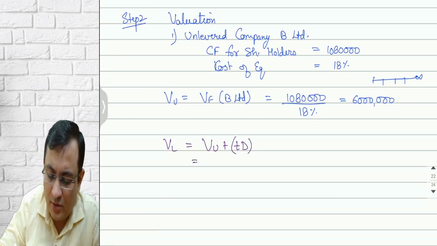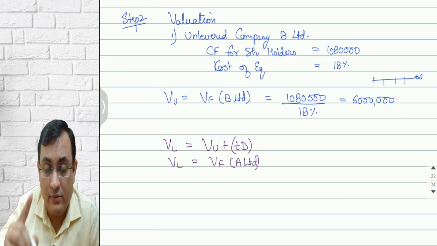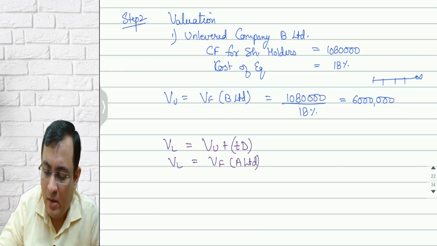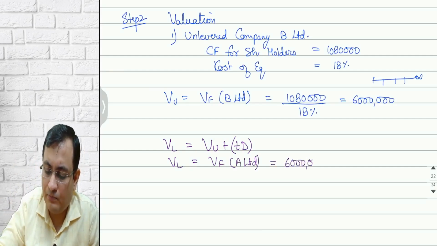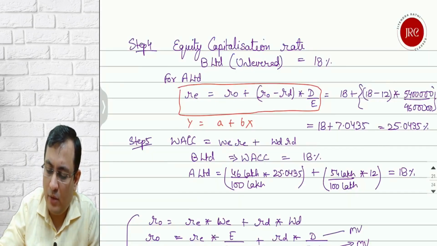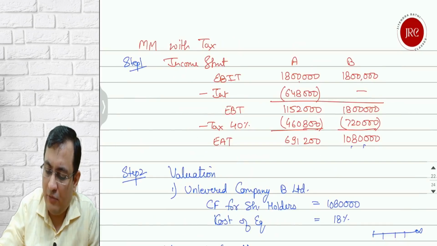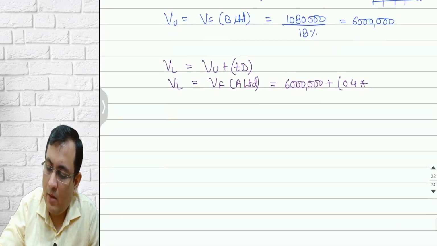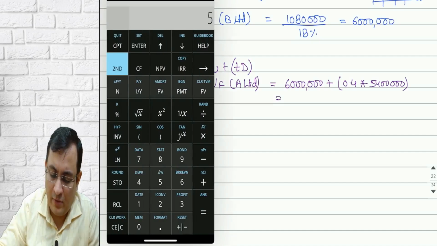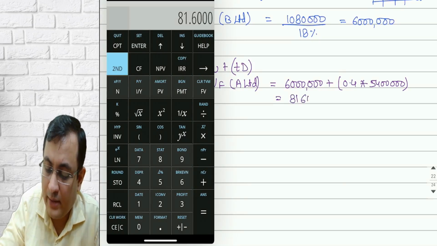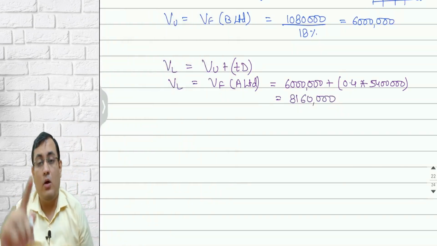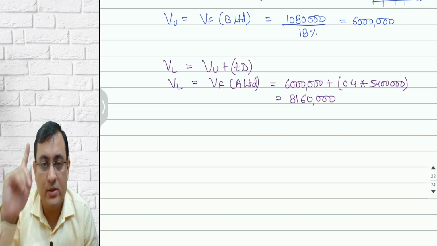So valuation of levered, that is valuation of firm of A Limited, is equal to, now we are doing the valuation of the overall firm, debt and equity combined, is equal to 60 lakhs plus 0.4 multiplied by your debt of how much, 54 lakh, I think 54 lakh is equal to, the overall value will increase, 54 lakh multiplied by 0.4 plus 60 is equal to, now overall value increased to 81 lakh 60,000 because of introduction of debt in the capital structure.